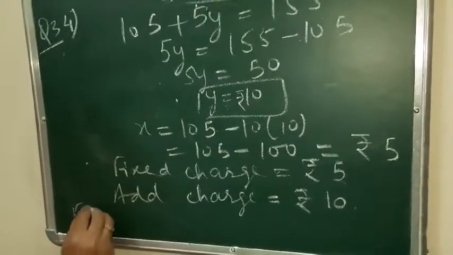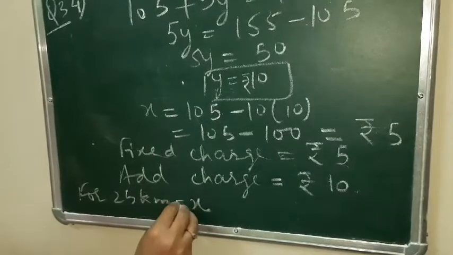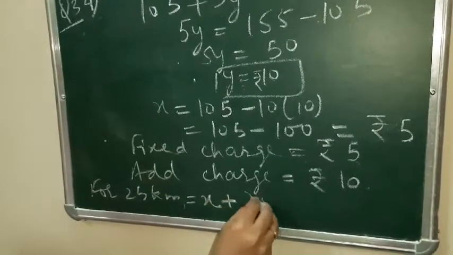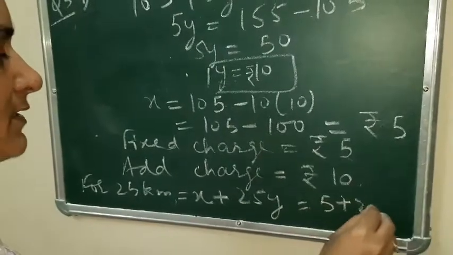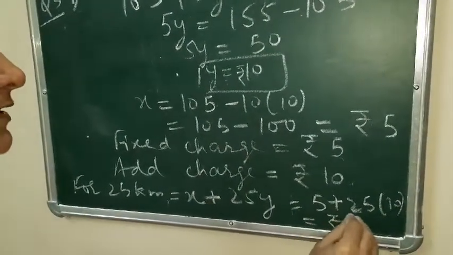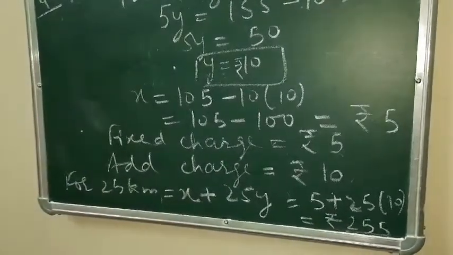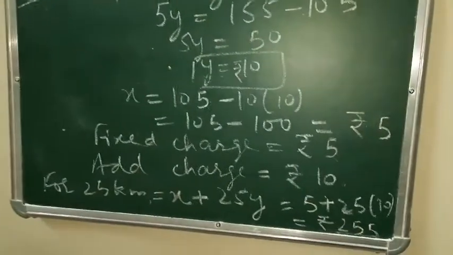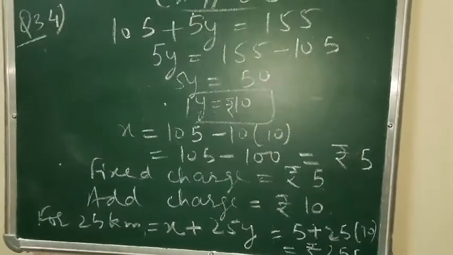He has to pay the fixed charge plus 25y. So put the values: 5 plus 25 into 10, which is equal to rupees 255. So this is your answer. 250 plus 5 is 255. Now question number 5.